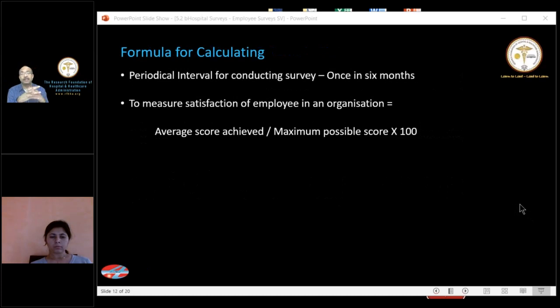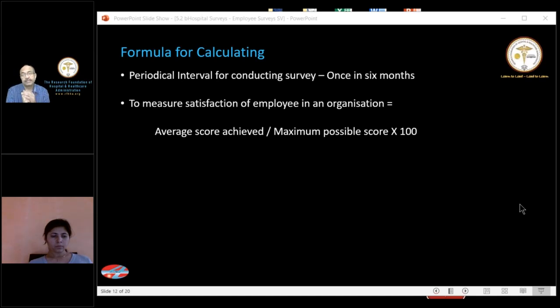So once we have obtained these surveys, then we need to see that the calculations are done, the summary is made, and the data is presented in a graphical form. Then we need to calculate the responses for each of the questions that we have asked, and also for the entire questionnaire.